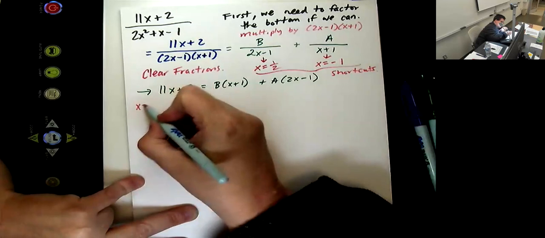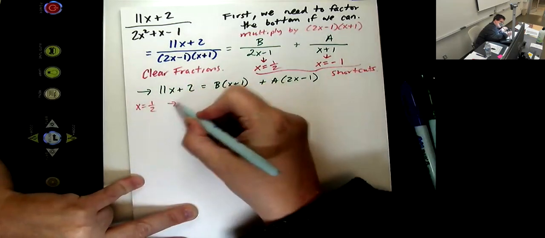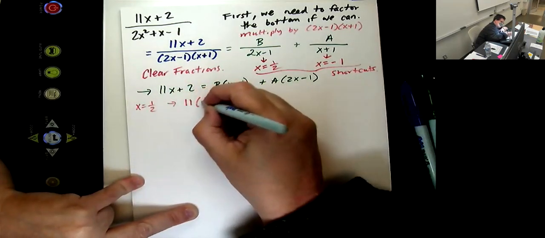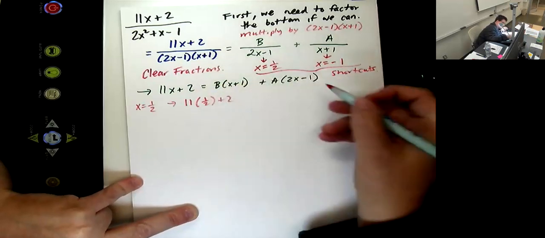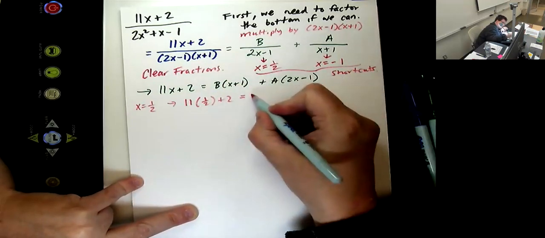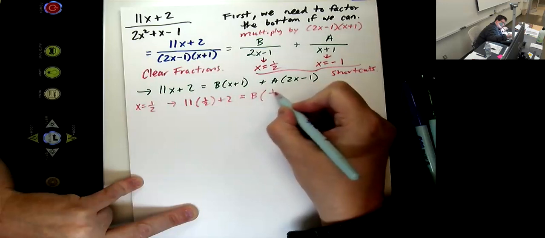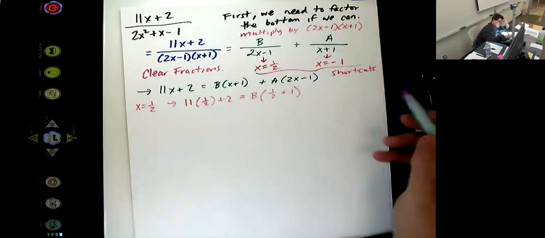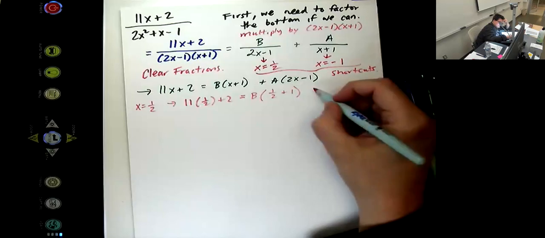So if x equals 1/2, this becomes 11 times 1/2 plus 2 equals b times 1/2 plus 1. The a will go to 0.